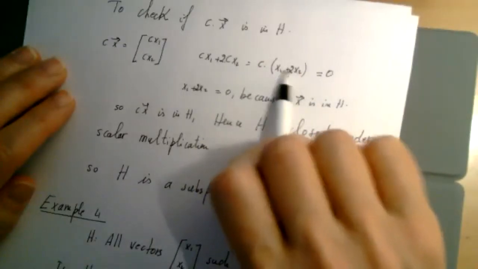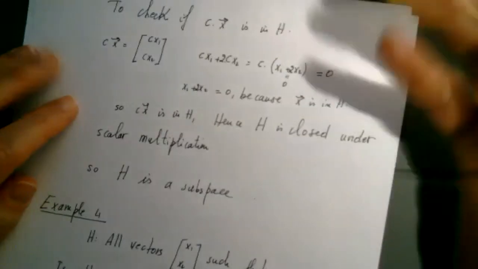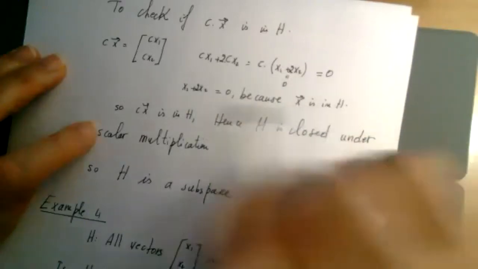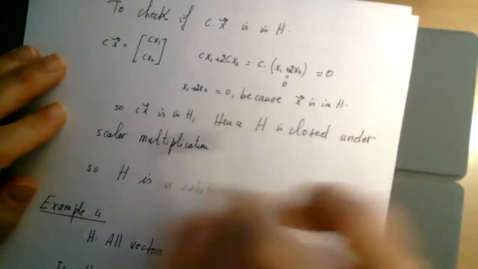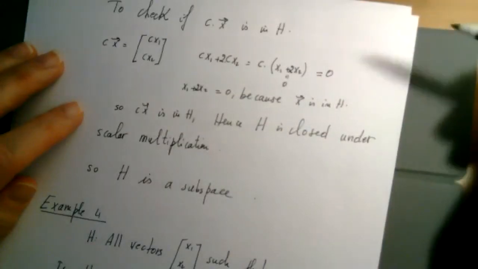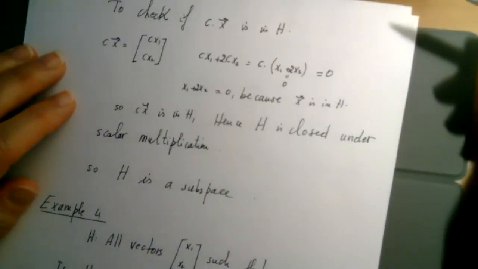But this one here, x1 plus 2x2, is 0 because my starting vector is not an arbitrary one. It's a very specific one. So because x is in H, cx is in H, hence H is closed under scalar multiplication. So H is a subspace. So every line through the origin is a subspace.